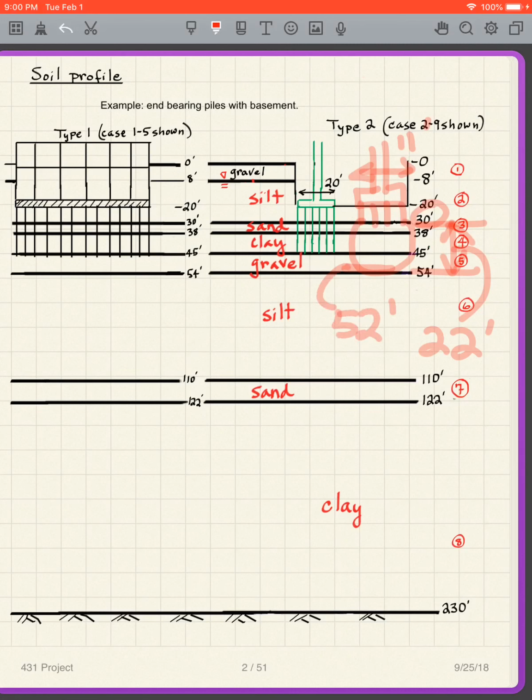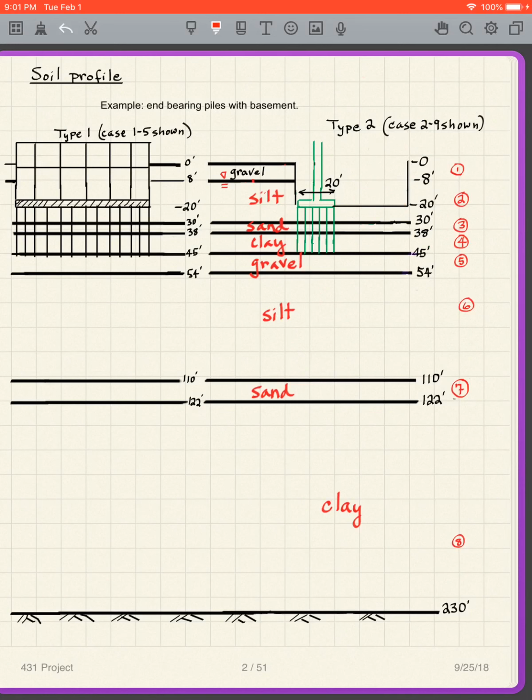That means the pressure bulb only goes into this clay. It doesn't touch that silt. It doesn't touch that clay. So we're only looking at layer 4 here. So we only have layer 4 to consider in our settlement calculation. That's one of the advantages of building this smaller foundation: the pressure bulb does not take the load deep.